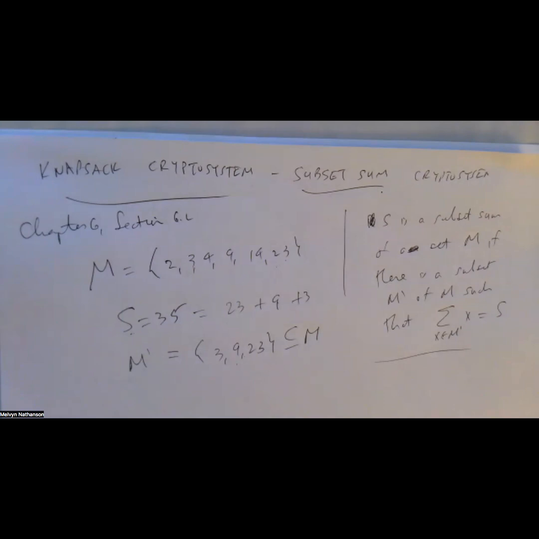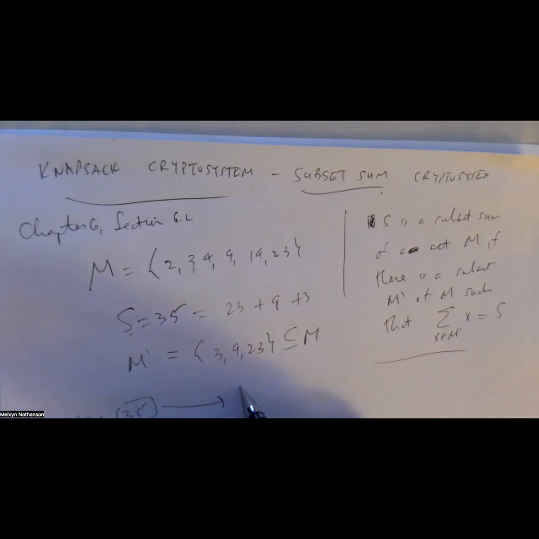And suppose I want to encode a certain number. Suppose I get the number 35, and I transmit 35, and the person who receives 35 has to write it as a sum of 3 numbers from this set.